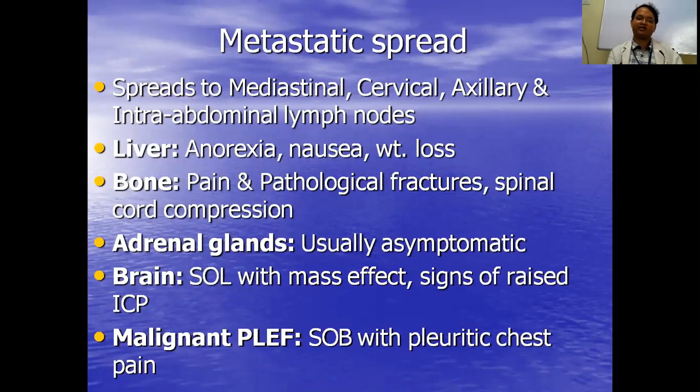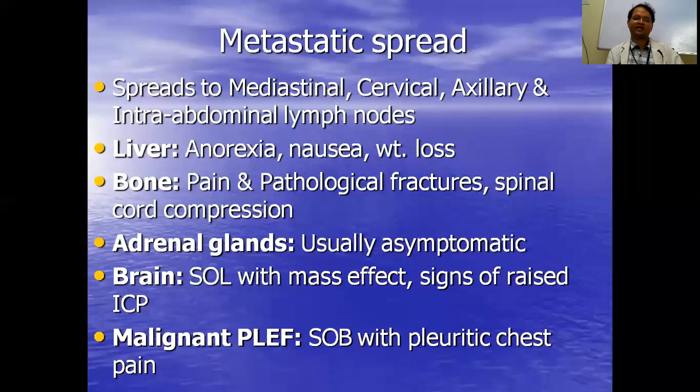When the tumor has spread metastatically, then the tumor usually spreads commonly to the mediastinal and cervical lymph nodes, which are affected early. The axillary and intra-abdominal lymph nodes can also be affected, but they are affected lately.